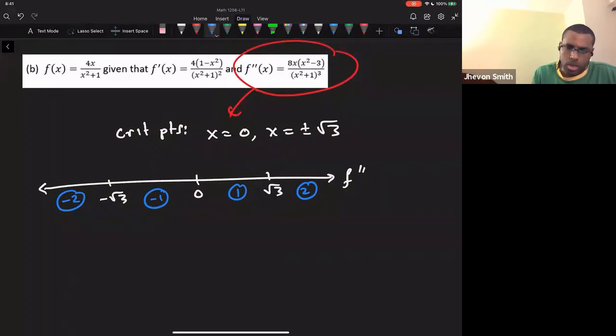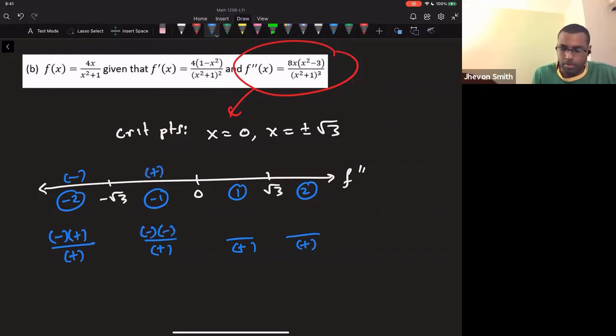So if I look at the numerator, plug in negative 2, I would get a negative times a positive in the top over positive. The denominator is always positive, in fact. This here is a negative. If I plug in -1, I would get a negative times a negative.